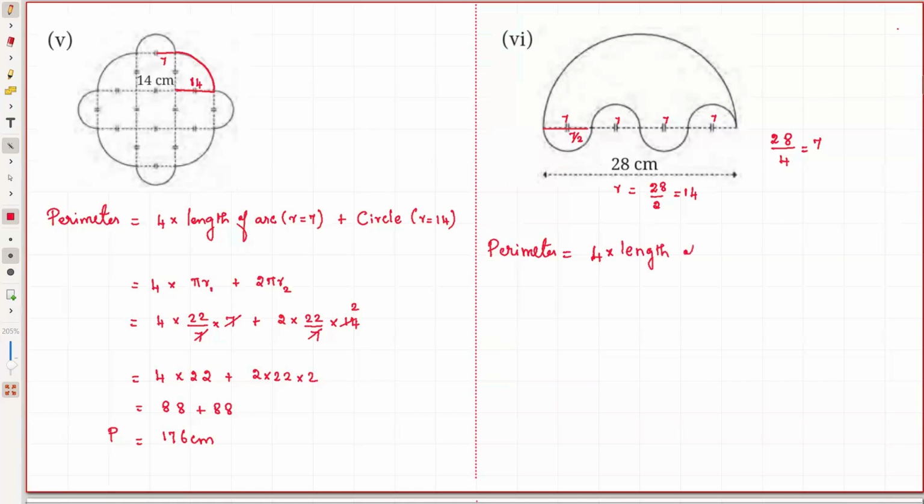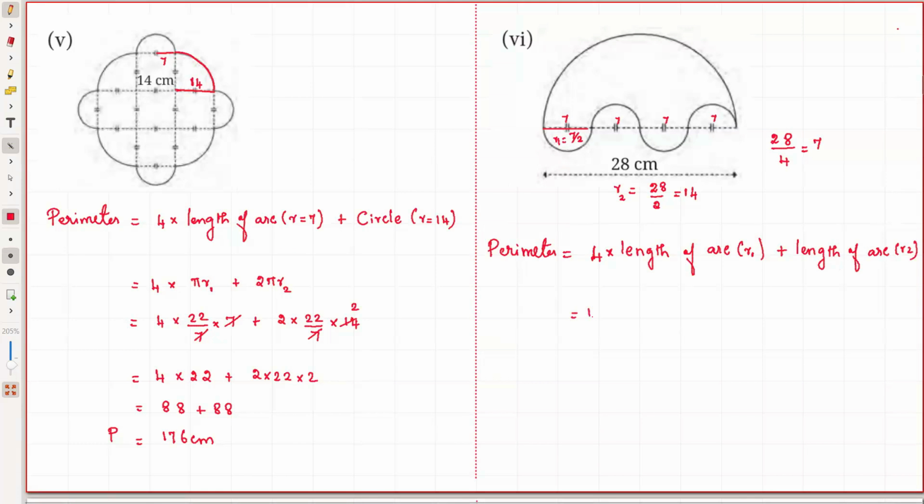So length of arc with radius R1, which is 7 by 2, plus the length of an arc with radius 14, R2. This is R1 radius, and this is R2 radius.